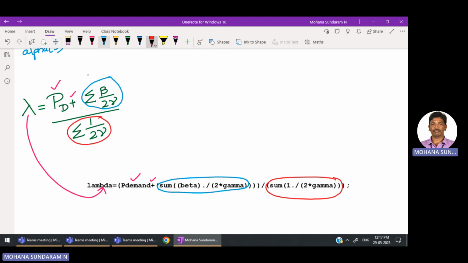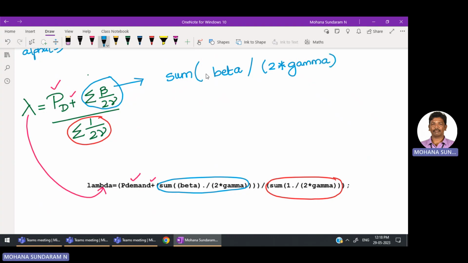Now we'll see how to write this. The code is, you have to use summation, so it is sum of, the numerator is beta, so beta divided by 2 times gamma, so 2 into gamma. This is the equivalent code.